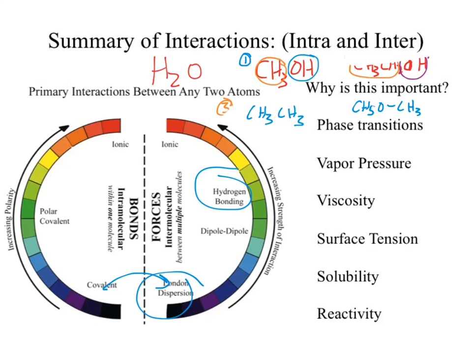Let me erase the ethanol for the moment. Which of those should dissolve the most? Number 1, our methanol with that hydrogen bonding. The other 2 won't dissolve as much, if at all. So when you see those structures, what you should be doing is not thinking in your head, this one's got this, oh, that's similar. Write it down.